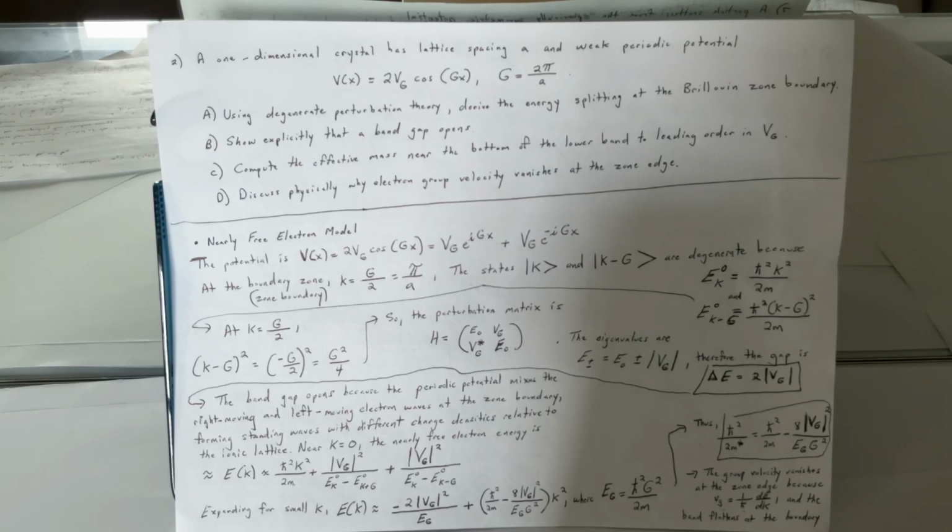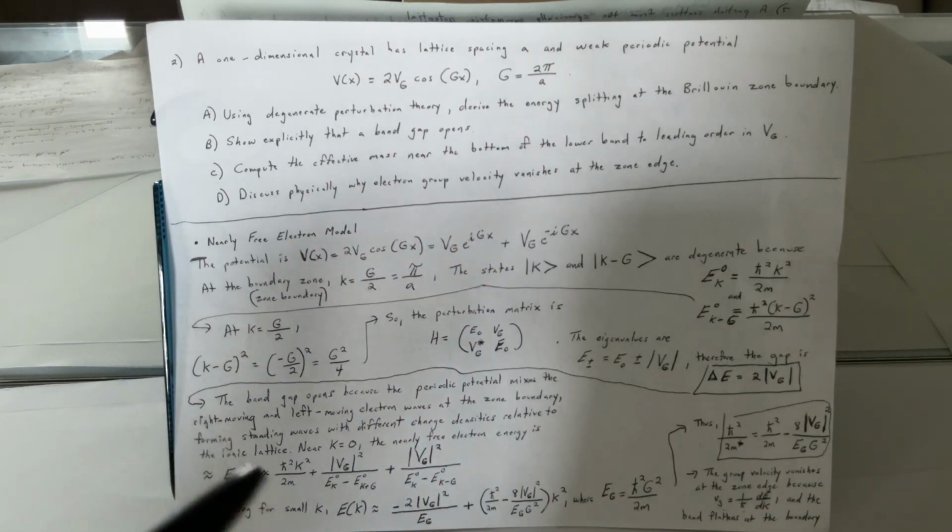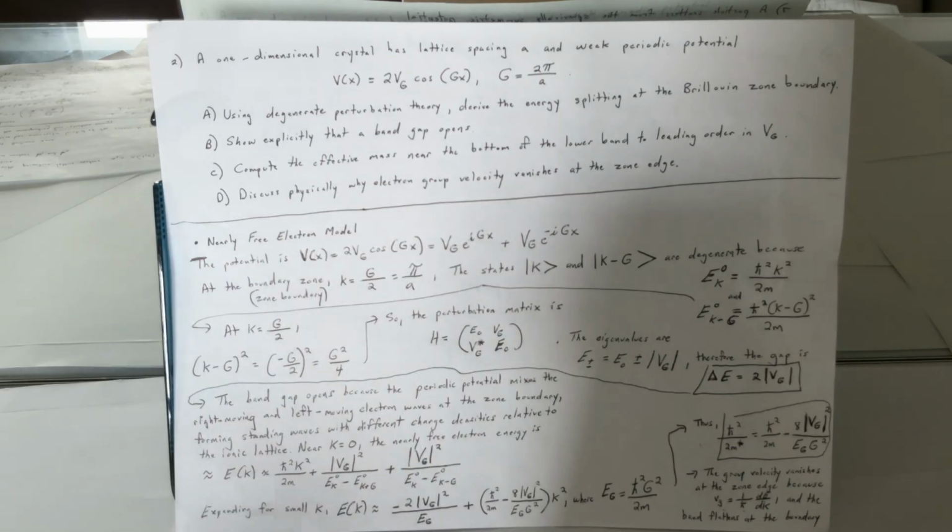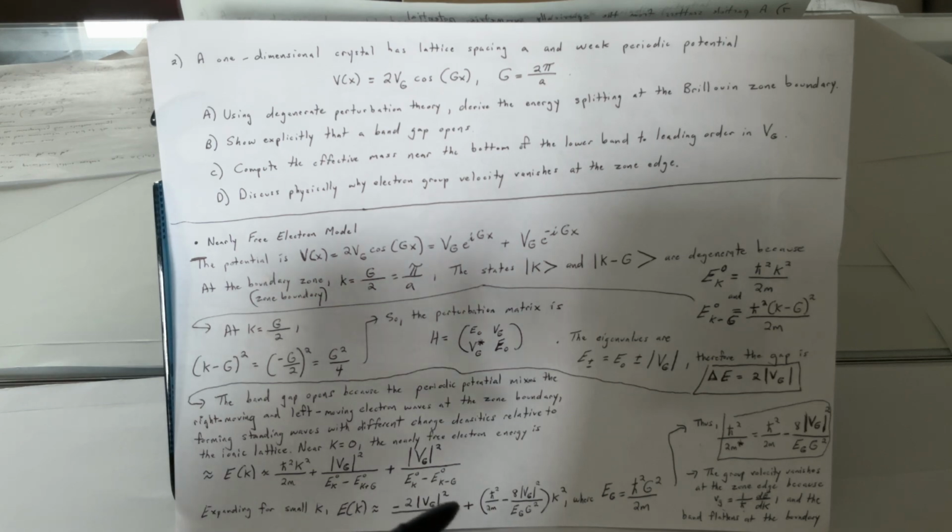Near k = 0, the nearly free electron energy is given as this E(k) function. Expanding for small k, we get E(k) approximately this function here. Some of this I'm not going to say because it's right there for you.